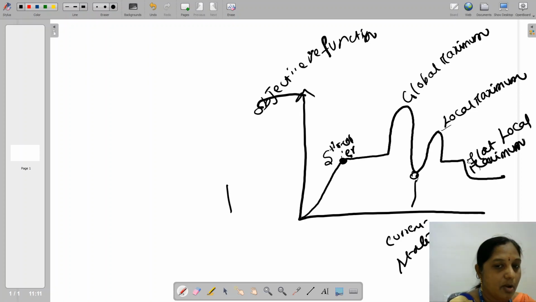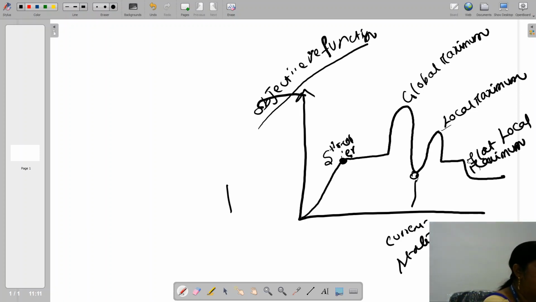So you should be aware of this terminology. Are you able to see the objective function? For every problem there is an objective function, and the x-axis is the state space. Here this is the current state, and this is the shoulder, a flat area where the summit is possible.